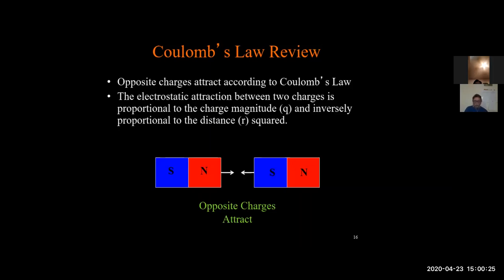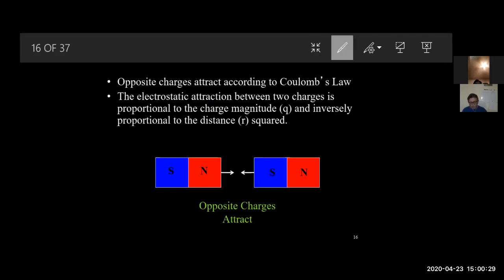The thing to take away is that Coulomb's Law states that the attraction between 2 charges is proportional to the charge magnitude. Proportional means that when one variable goes up, the other one goes up accordingly.